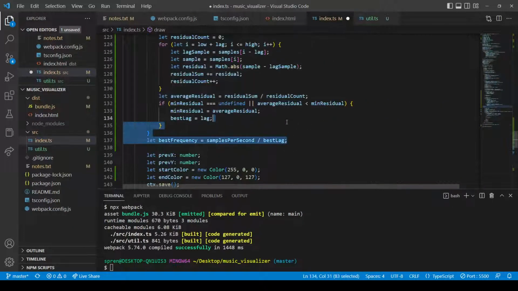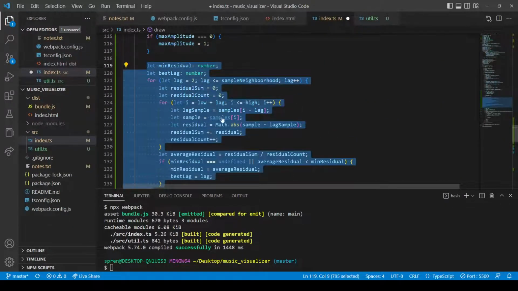Cool. Grab this. Stick it in the function.